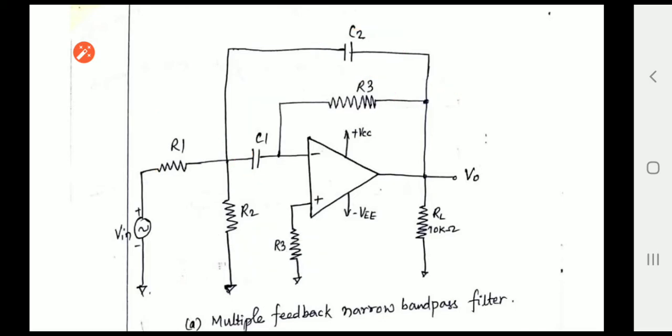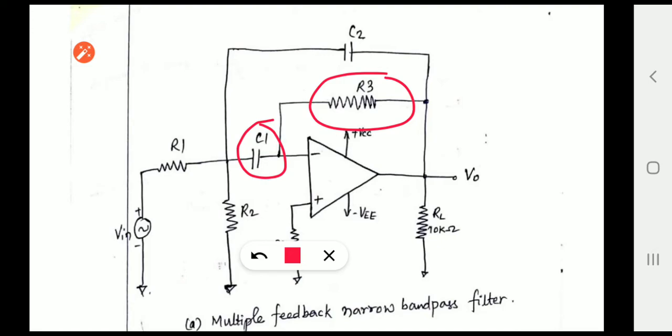Similarly, if I eliminate the capacitor C1 and R3, and I find the equivalent resistance of R1 and R2 as R equivalent, because these two are connected in parallel, and C2 acts as a feedback path.